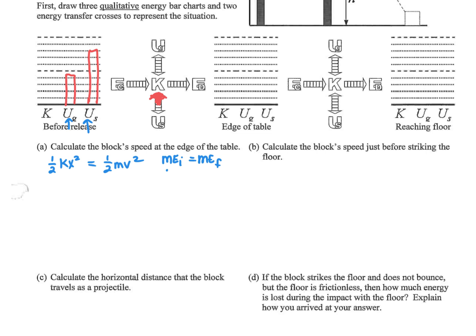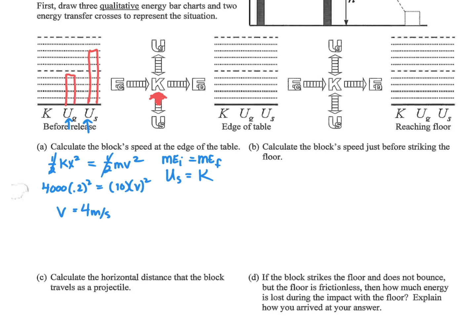We're starting with U spring, and we're ending up with kinetic. So the half can go away. We end up with k, which is 4,000, times our 0.2 squared, equals our mass, which was 10, times our velocity squared, which we don't know. If we solve this for velocity, we end up with 4 meters per second.